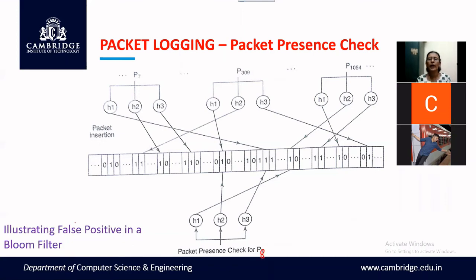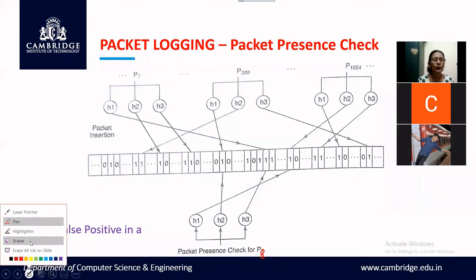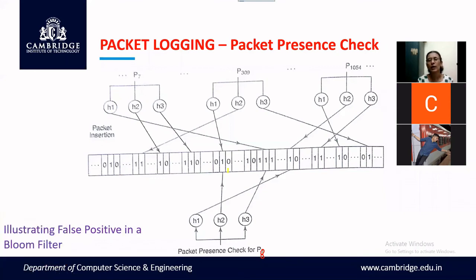Now for this P8 value, say you're calculating the hash, and it so happens that H1 is present, H2 is present, and H3 is present. So you will say that P8 packet was found in this router. But actually P8 was not found. From where did this H1 value come?